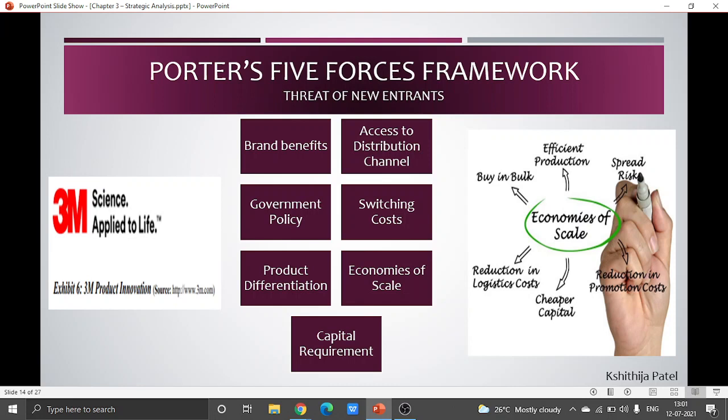Then we have product differentiation. Now, we can take the example of a corporation like 3M.